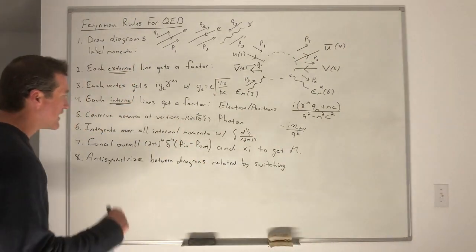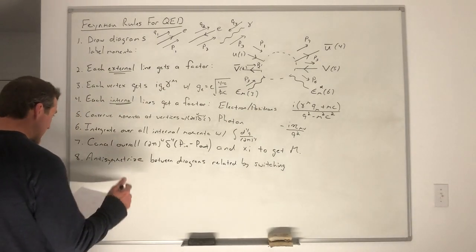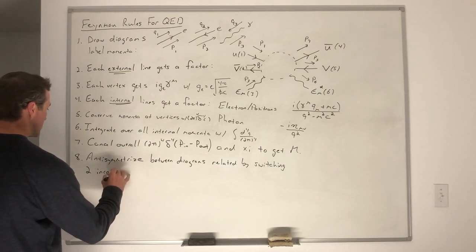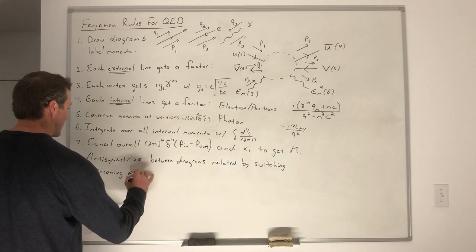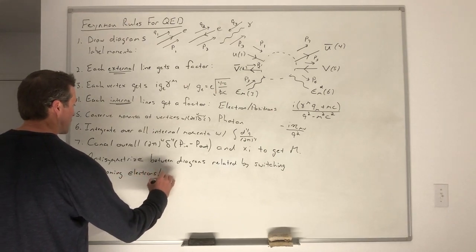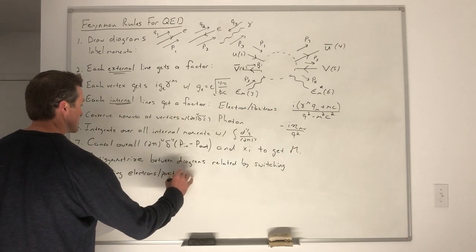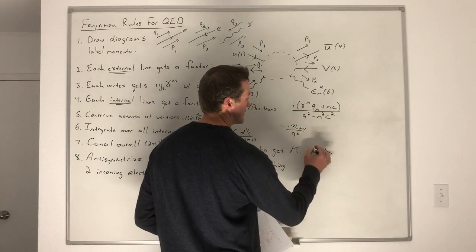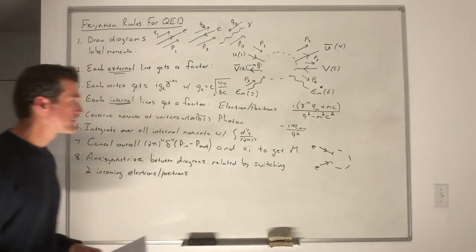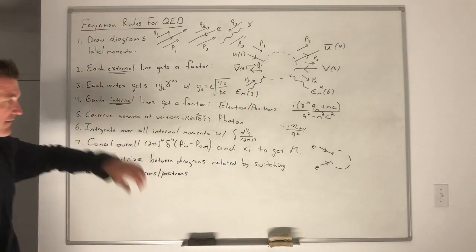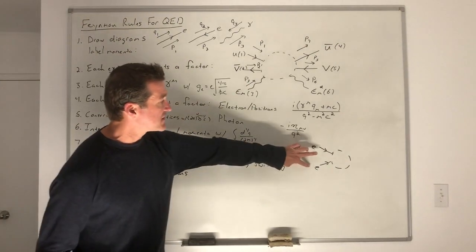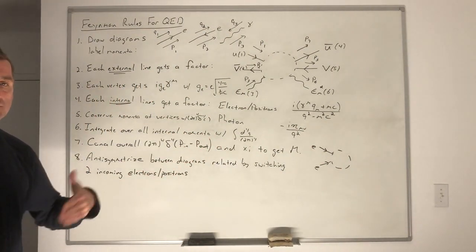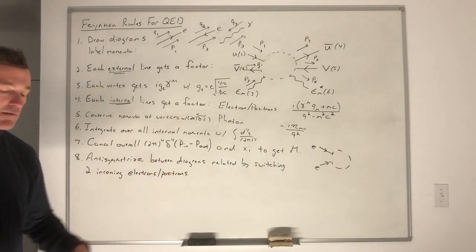That's all anti-symmetrize means. But let me show you the combinations. If you can switch two incoming electrons or positrons, okay, so what I mean by that is if you have two electrons coming in, and you have two different diagrams, and the way to relate them is just by switching these two electrons, then you have to anti-symmetrize between the contributions that each of those give to M. That means they have to come in with different signs.